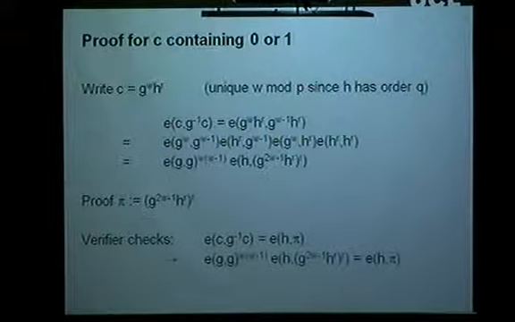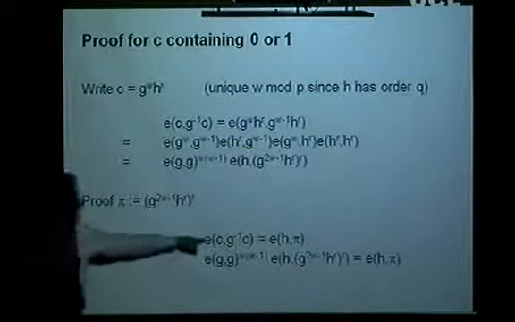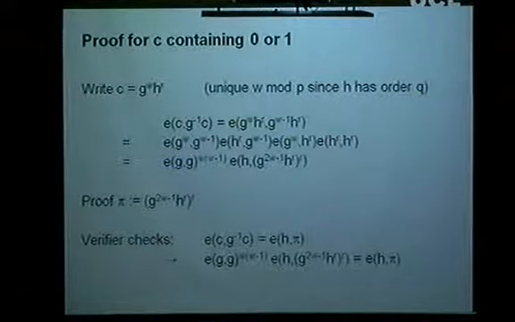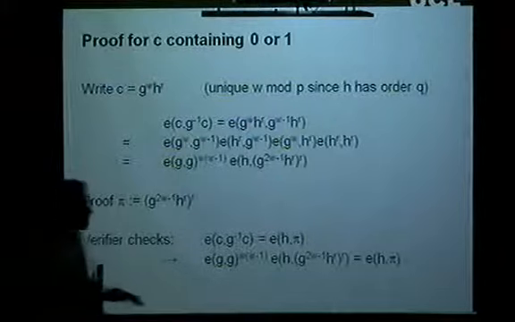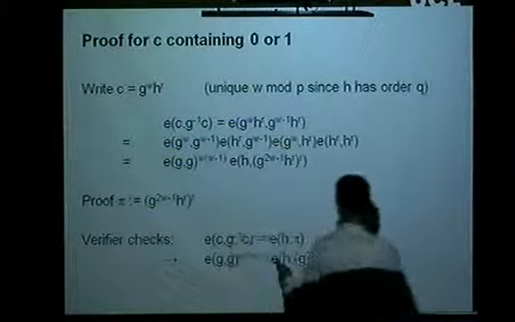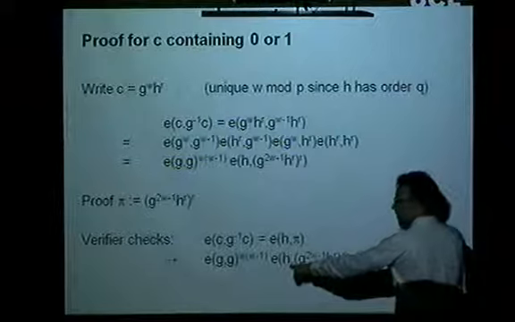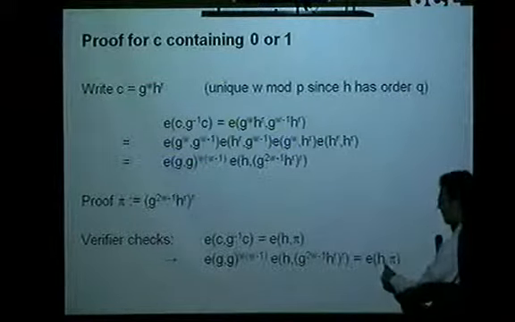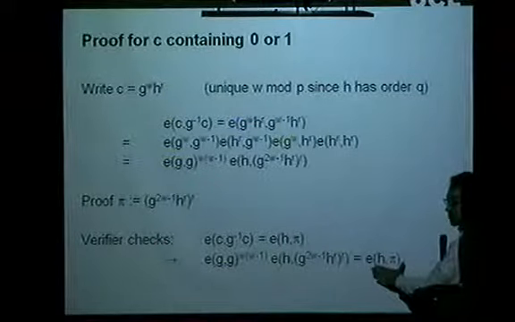We also have perfect soundness because, well, we could rewrite this thing here as follows. And now this term over here has a pairing of h with something, so that has order q. This is a pairing of h with something that has order q.